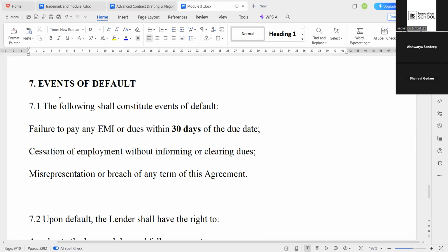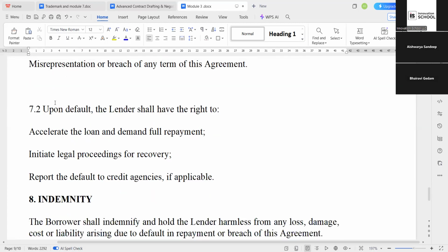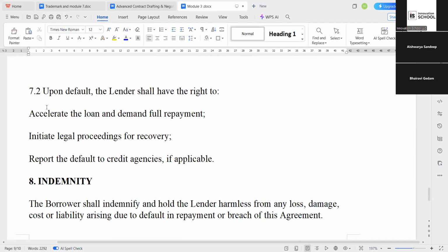If he doesn't pay the EMI or any money by the due date, if he leaves the employment without informing or clearing dues, or if there is any misrepresentation or breach of this agreement, then the lender, the company, can accelerate the loan, demand full repayment, initiate proceedings for recovery, and report the default to credit agencies if applicable.